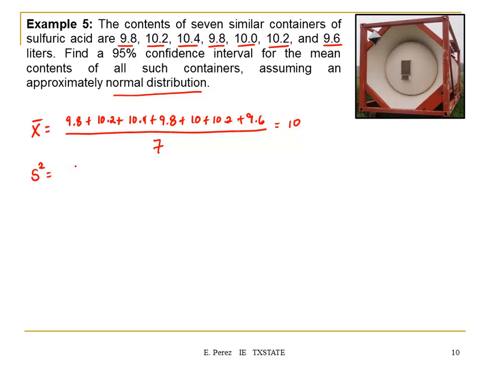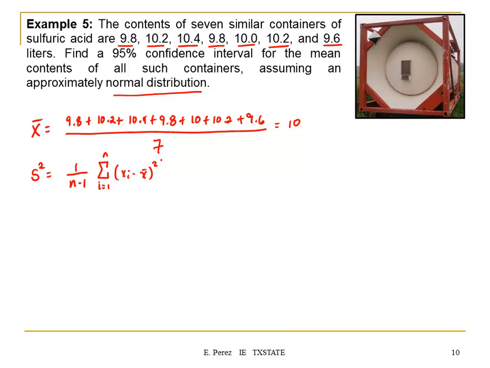The variance of the sample is computed using this expression: the variance of the sample equals 1 over n minus 1 multiplied by the summation from i equals 1 to n of (xi minus x bar) squared. As I have mentioned in this class several times, some of you have problems computing that value.